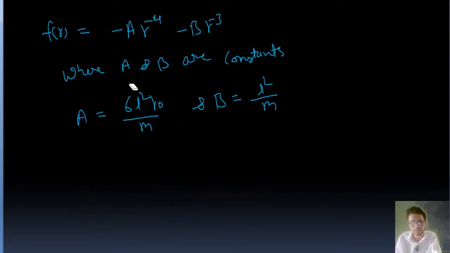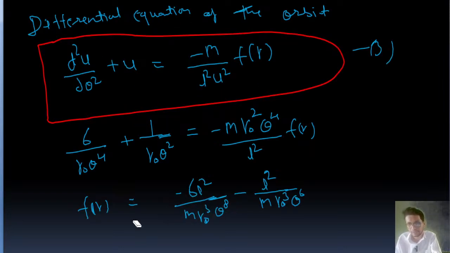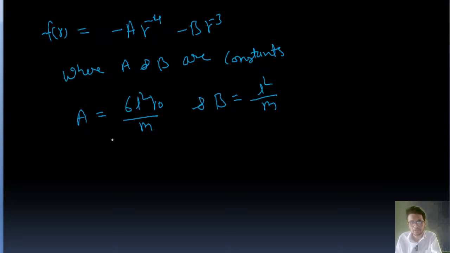So we just put the values. This is the one, the A and B values we have got, right? So these are the values of A and B, okay. So this is the equation, we can say this equation is 4.